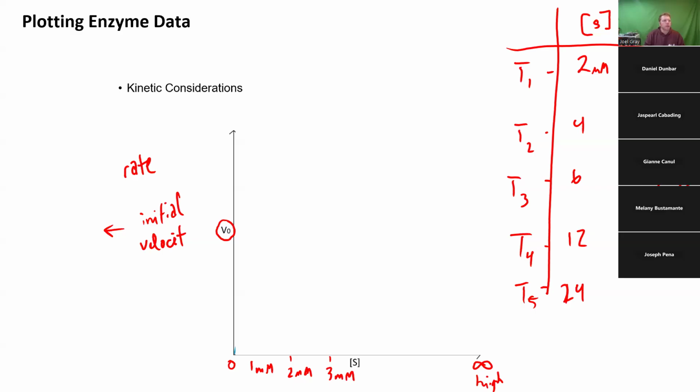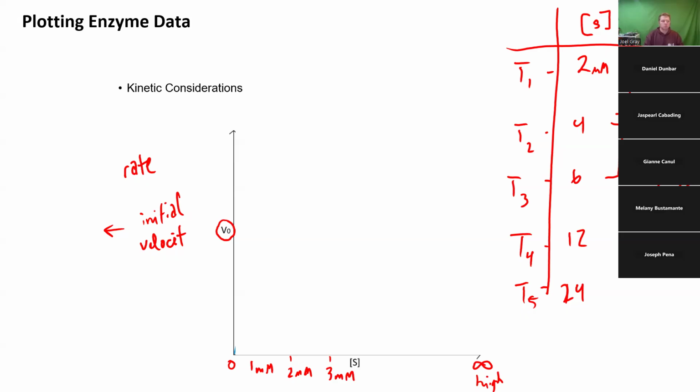Now, what do you see between trials 2 and 3 in terms of how much your reaction rate goes up? That's a clunkily worded question, so let me switch it. Is the change in velocity between 1 and 2 the same as the change in velocity between 2 and 3?